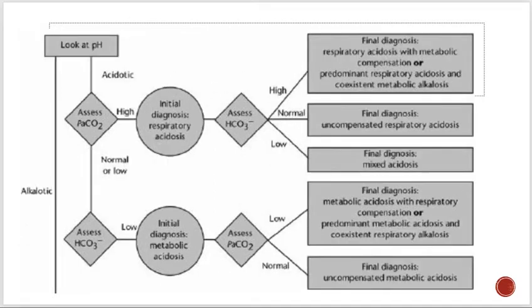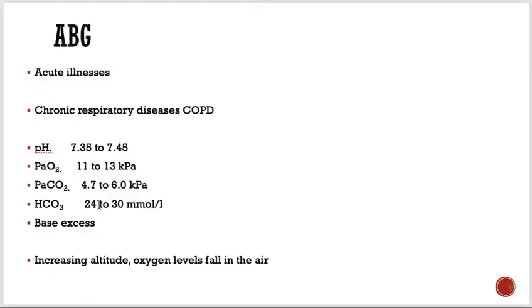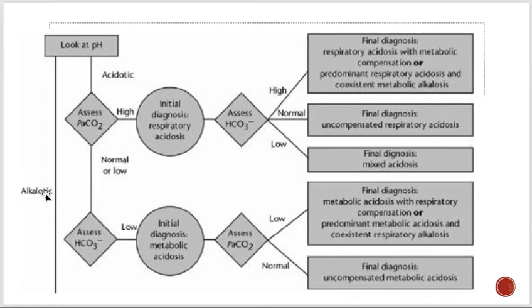So first of all, look at the pH, then look at the carbon dioxide level, and after that we see how about bicarbonate, or HCO3. Again, we see whether it's low, normal, or high. You can see over here it's low, less than 24, normal 24 to 30, or high, more than 30.